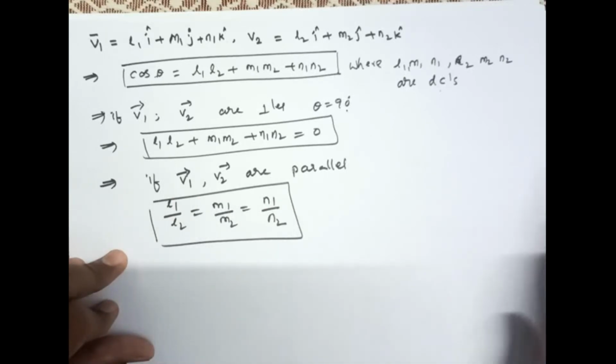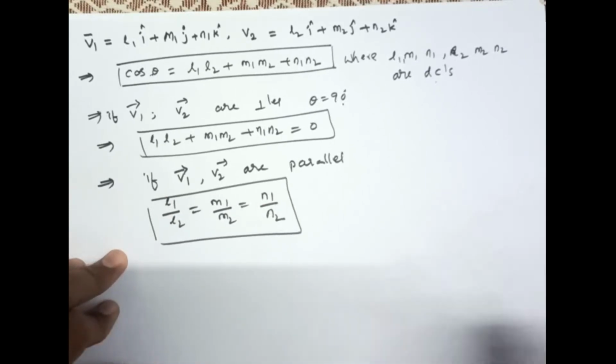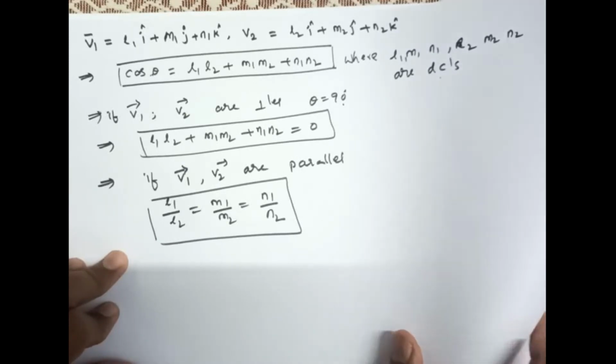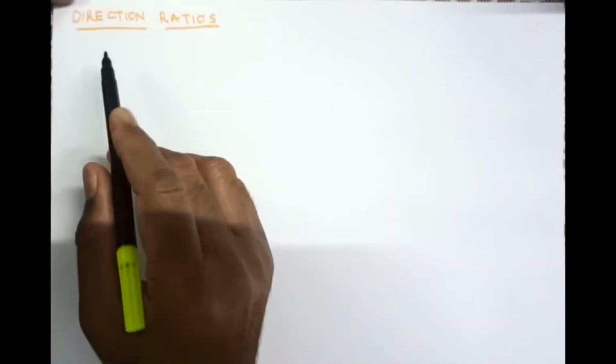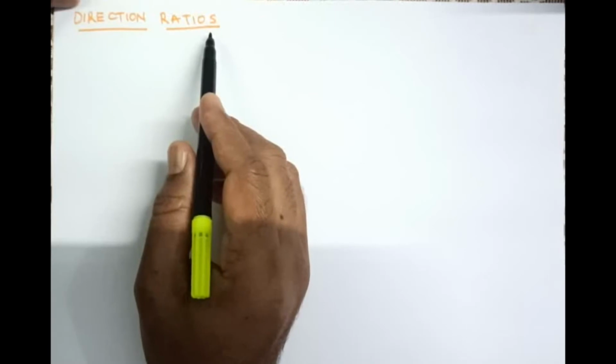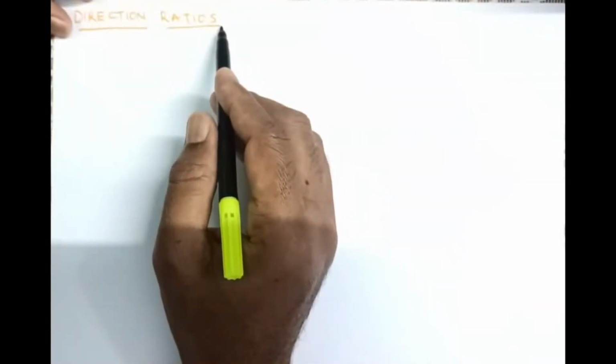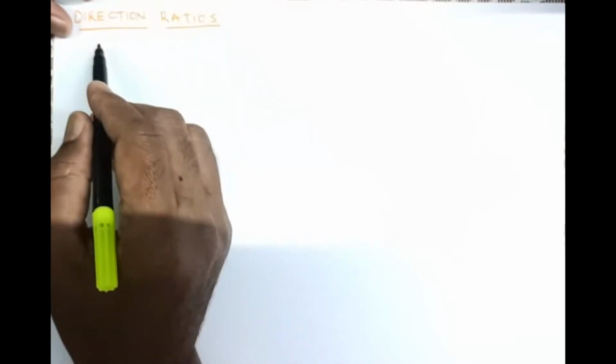Okay. Now we will discuss direction ratios. What are direction ratios? Direction ratios mean real numbers. Any real numbers are called direction ratios. Direction ratios are numbers.